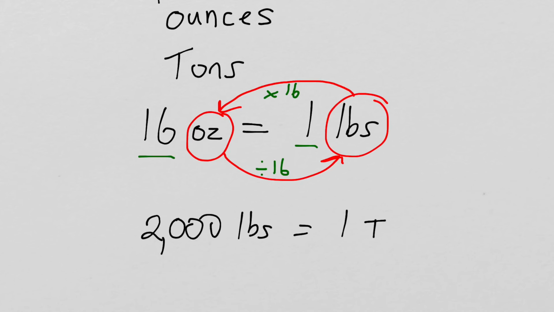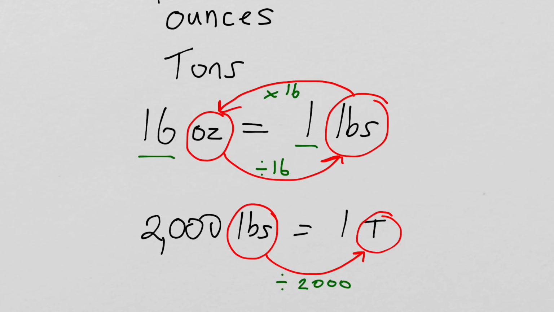The same goes for pounds and tons. The conversion here from pounds to tons, the nice thing is, it's that 2,000. So while it's a big number, it's a big round number. So 2,000 to 1, how do I change 2,000 into 1? Well, I've got to divide by 2,000.